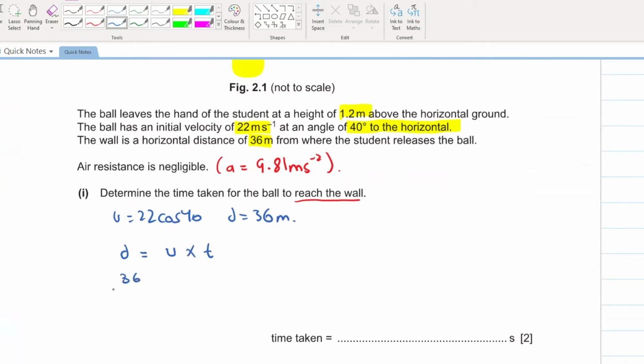Distance is 36, divide by the velocity, 22 cos 40. What does your time come out to be? Anyone in the chat? Although you don't need to be a genius to solve this. Time comes out to be 2.1 seconds. 2.1 seconds is your answer. Let's move ahead.